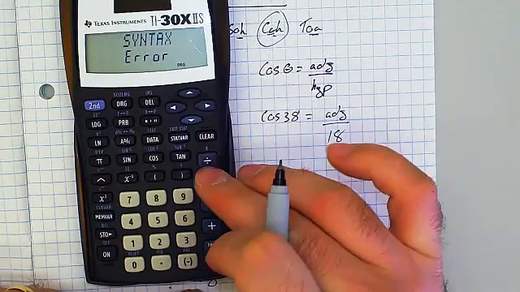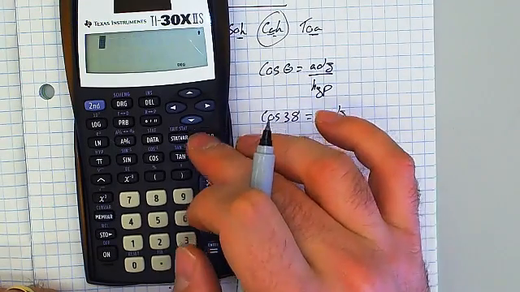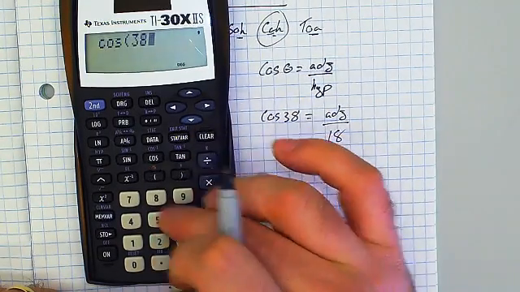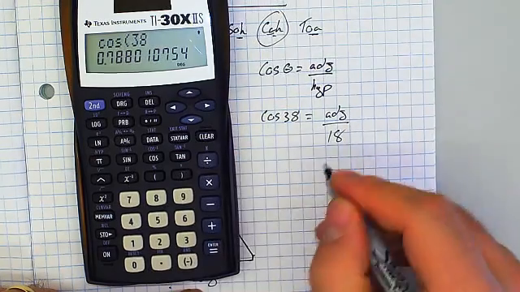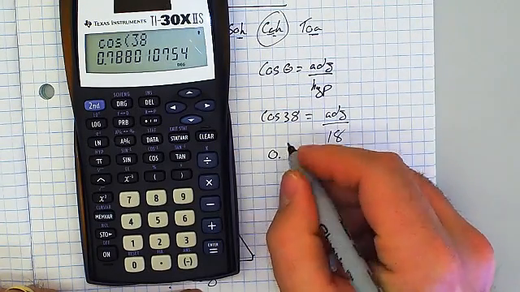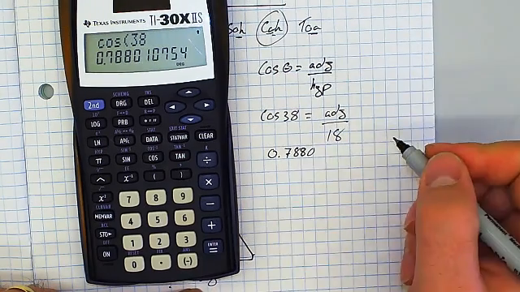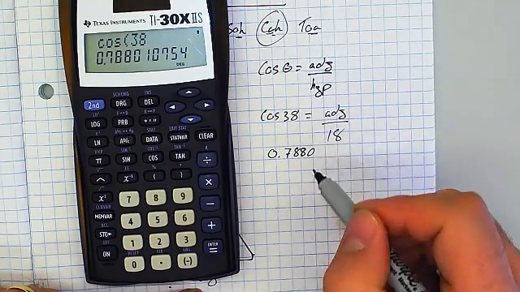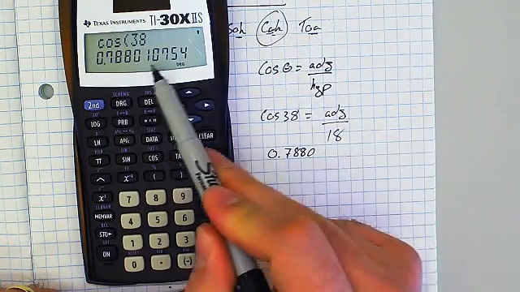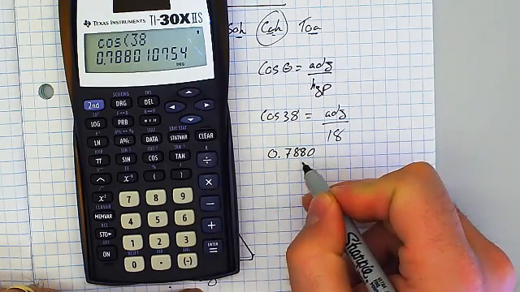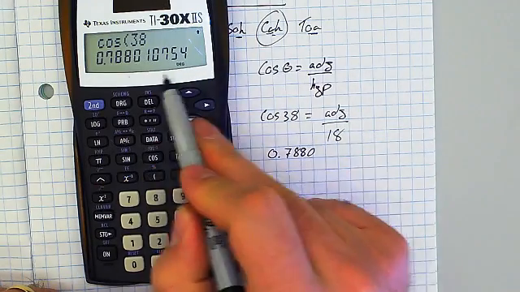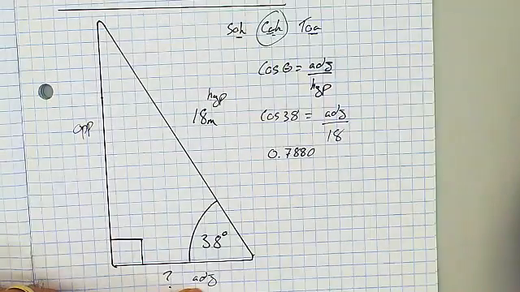Cos of 38 is 0.7880. And again, I wouldn't stop here. I always float this number in my calculator, so even though I'm only writing 0.7880, I'm using this long number in my calculations.